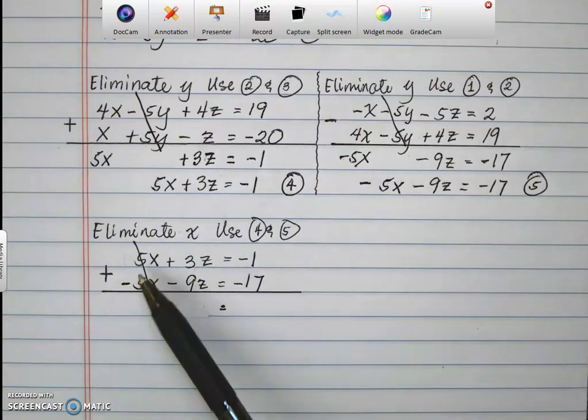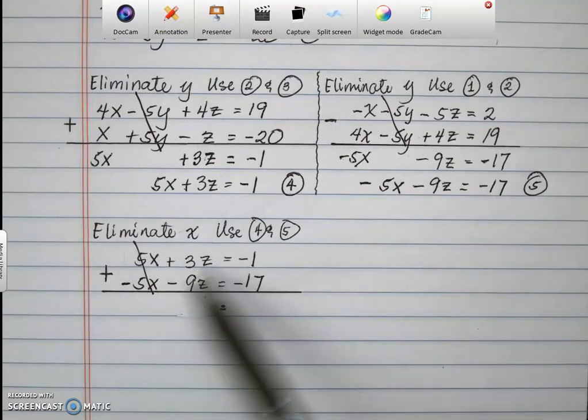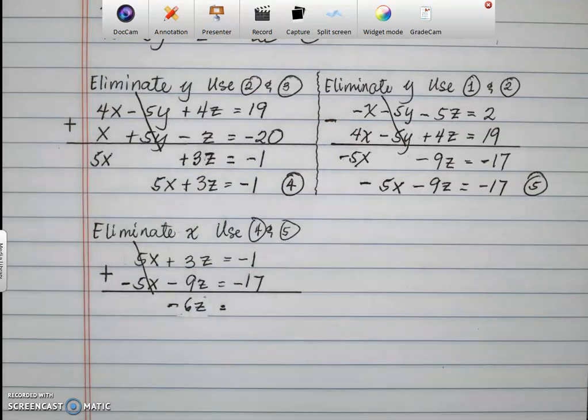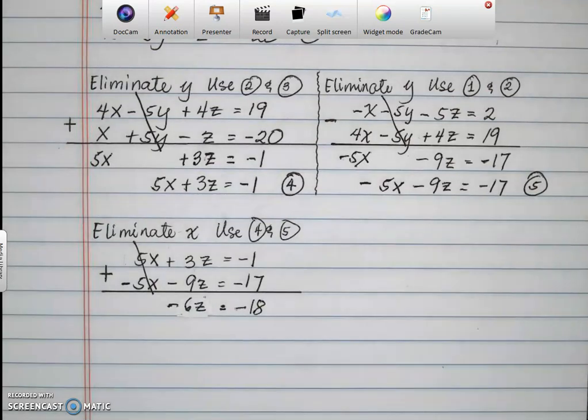So here, 5x plus negative 5x is going to be a 0. And then 3z plus negative 9z is going to be a negative 6z. And then this is going to be negative 18. And now we are almost done. We're just going to go ahead and divide both sides by negative 6.